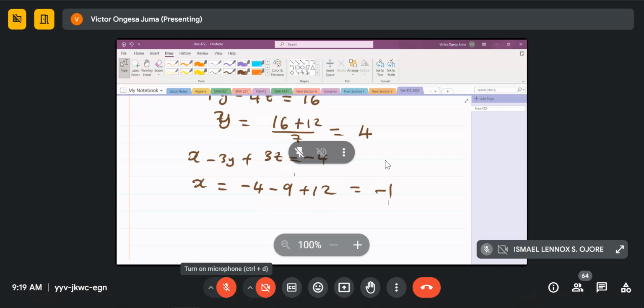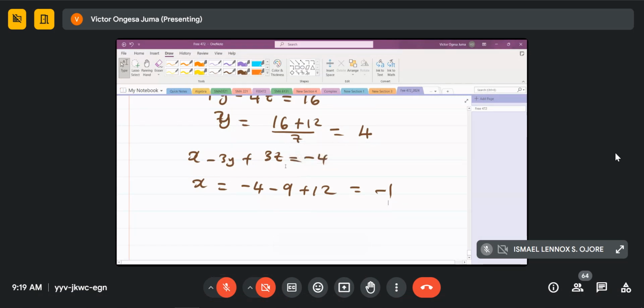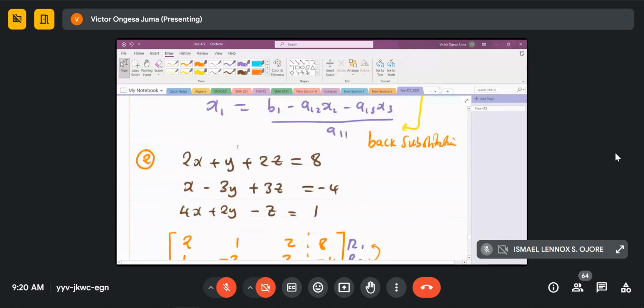Yeah, just one concern. You did mention that by switching rows, the determinant changes. So even after switching the rows, are we certain that the final solution will always be unique? Yeah, it's always unique. By switching rows, what are you doing to your system?